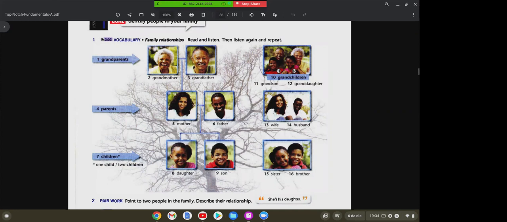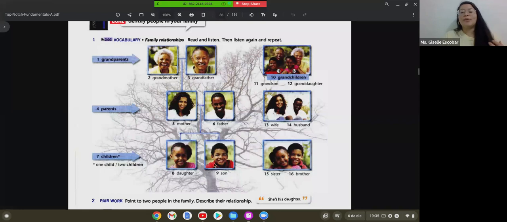He is his grandson. Si hablamos del niño, si yo le pregunto sobre el niño, ¿quién es el niño? He is his grandson, exacto. Pero si yo le pregunto por el abuelo, he is his grandfather. Exactly, he is his grandfather.